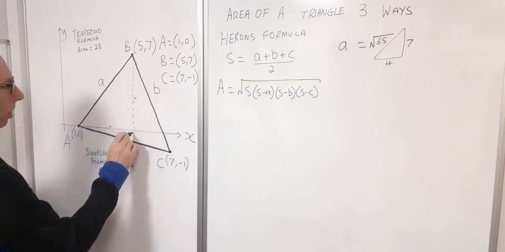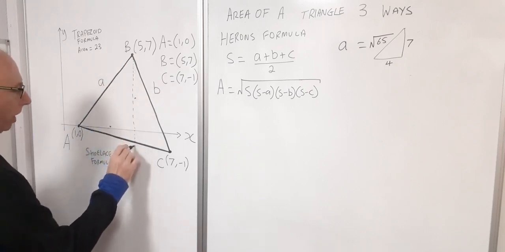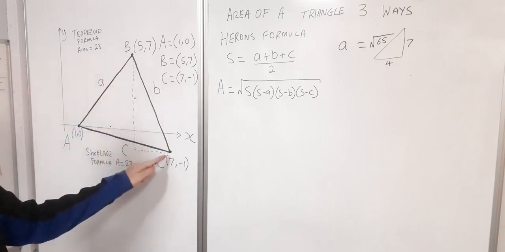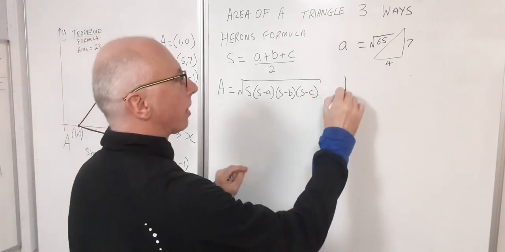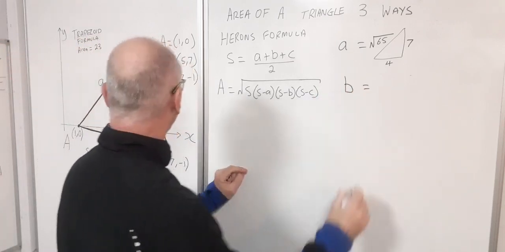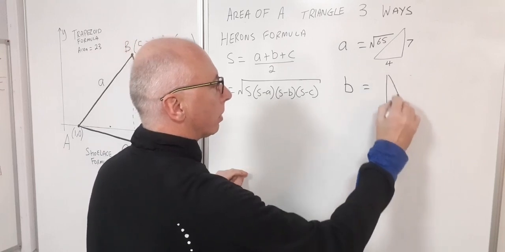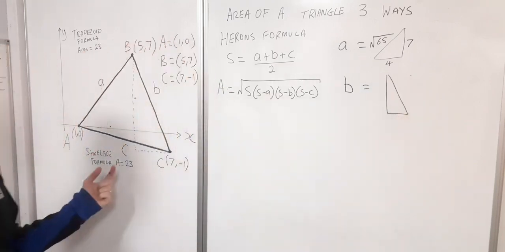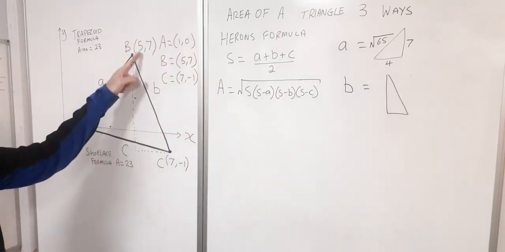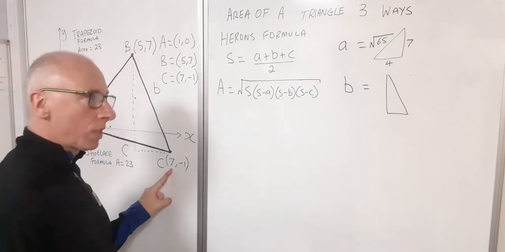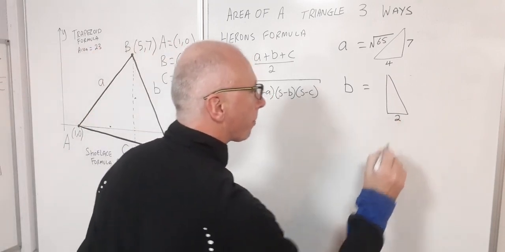So if we just have a look here, we go along here, go along there, that's going to give us our triangle here. So let's have a look at that. So B equals, so let's draw the triangle. Okay, difference in the x coordinates here, we've got 5 for the B, 7 for C, so that's 2.